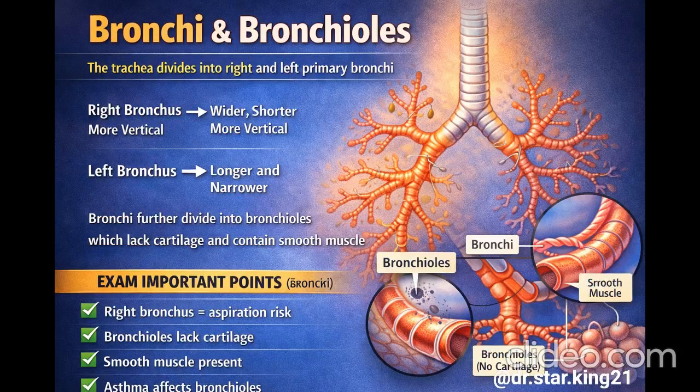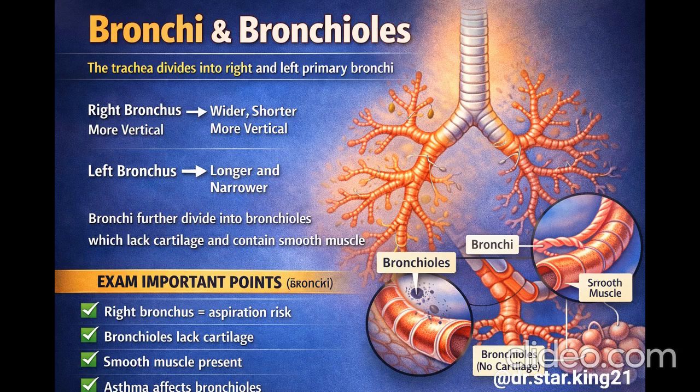After trachea, now the air enters the part called bronchi and bronchioles. The trachea is divided into right and left primary bronchi. Right bronchus is wider, shorter, and more vertical, whereas the left bronchus is longer and narrower. This is why foreign bodies usually enter the right lung.